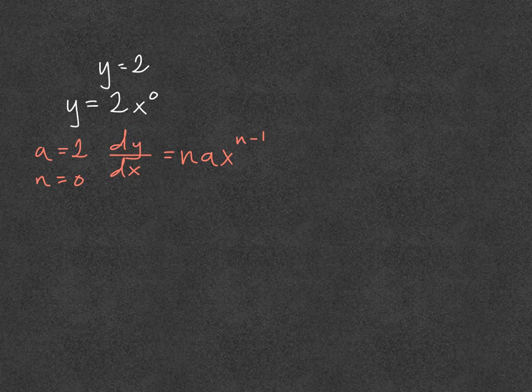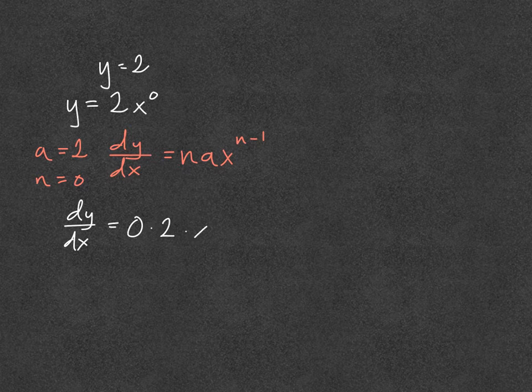So differentiating this function means that we take dy dx equals 0 times 2 times x to the power of 0 minus 1, that's n minus 1. And no matter how, you don't have to think very hard on this, because you have 0 multiplied with something, so that's always 0.